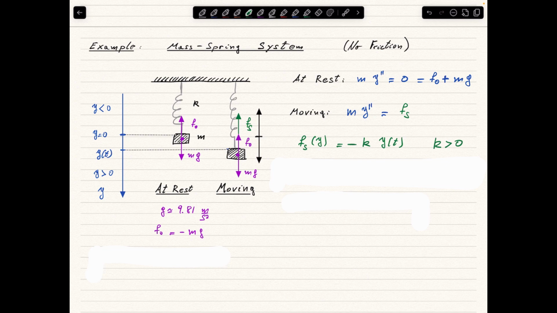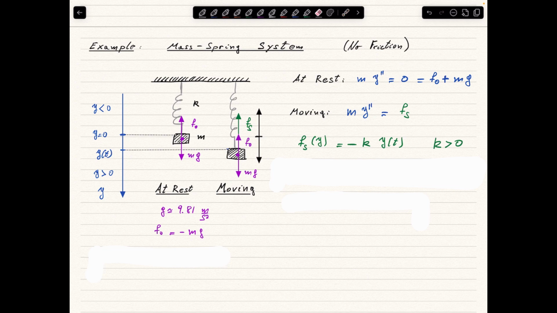So we have a big negative sign there. When the displacement is positive, the force is on the other side, negative. When the displacement is negative, we are compressing the spring, and the force is going to be on the other side. That's why it's always opposite to the displacement.